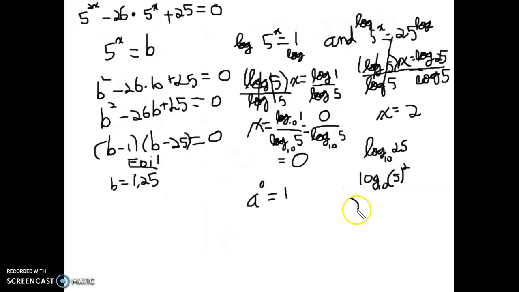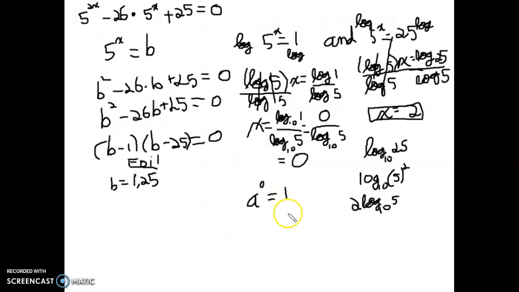And that's essentially equal to 2 multiplied by log base 10 of 5. And so this is 2 times log base 10 of 5 over log base 10 of 5, so essentially x is going to be equal to 2.